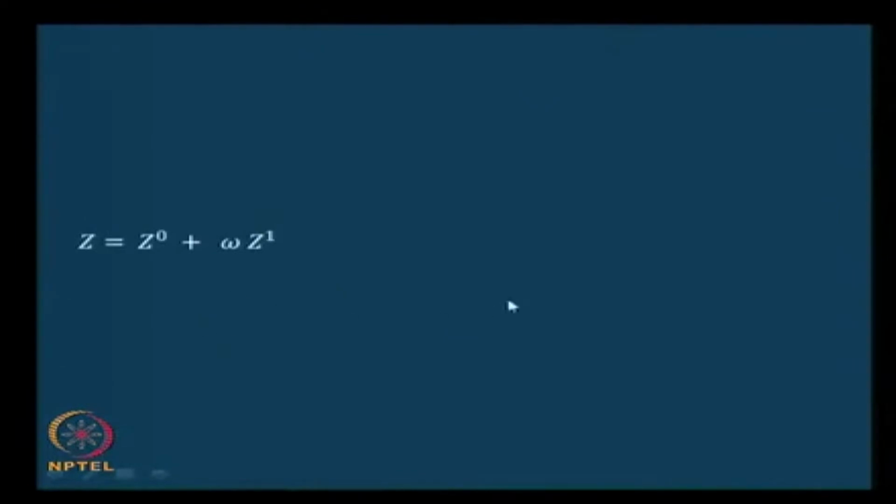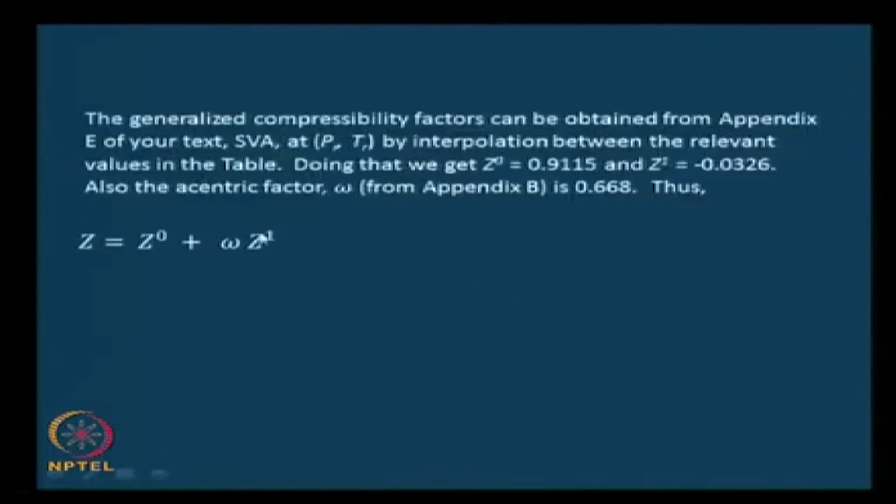Now, this is the generalized correlation, and the values of Z0, Z1 and omega need to be obtained from the tables in the appendix of your textbook. From appendix E of your textbook, you would get Z0 for the particular PR and TR as 0.9115 and Z1 as minus 0.0326.